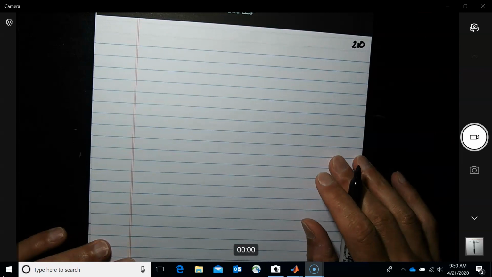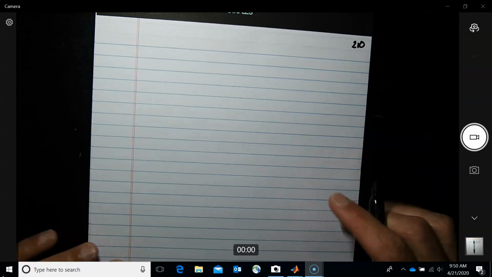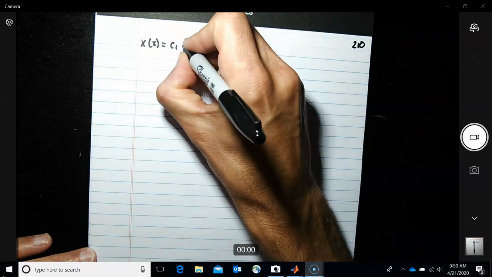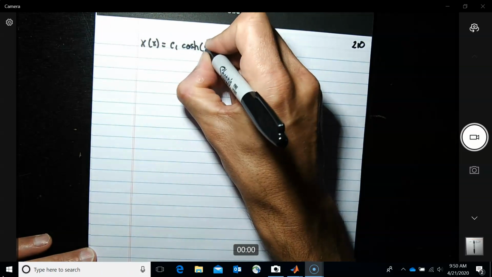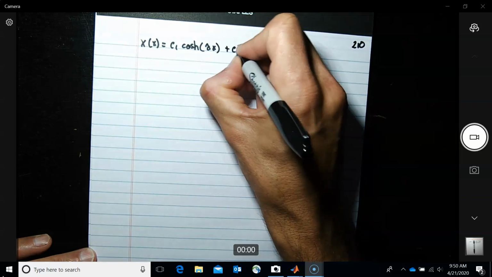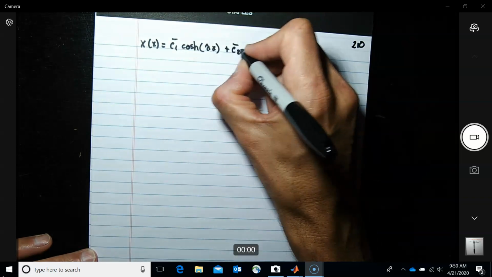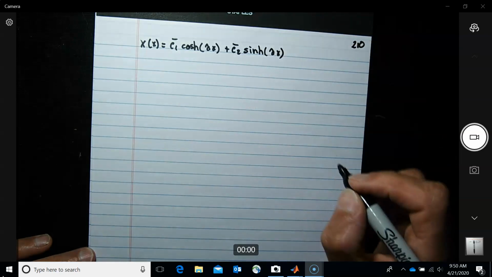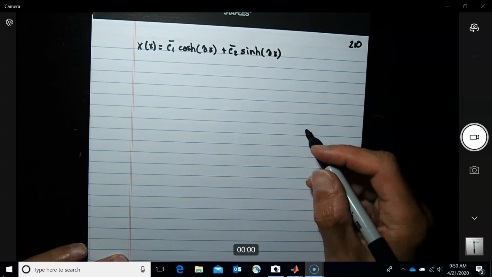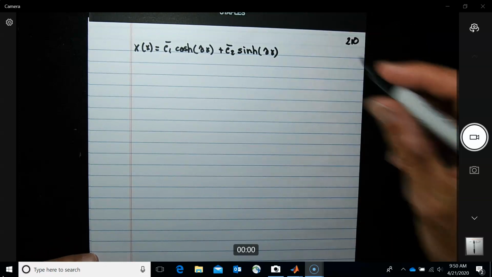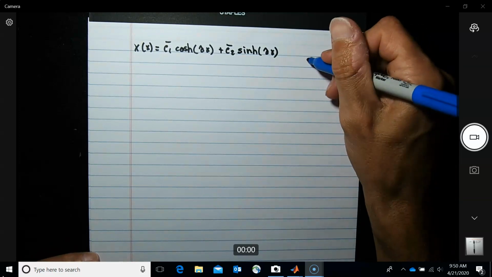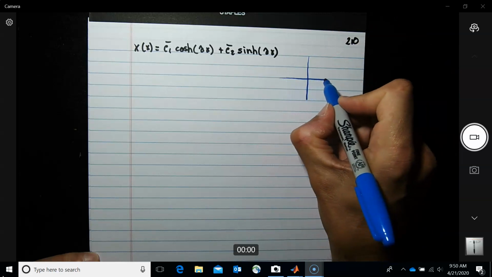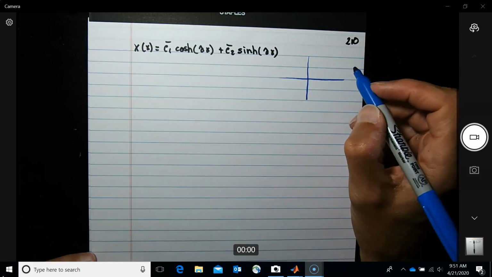Okay, so let me maybe just rewrite the equation. So we have X of x equal to C1 cos lambda x plus C bar 2 sinh lambda x. So in order to understand the solution, what we need to do is a little plot over here of the two functions, cos and sinh.